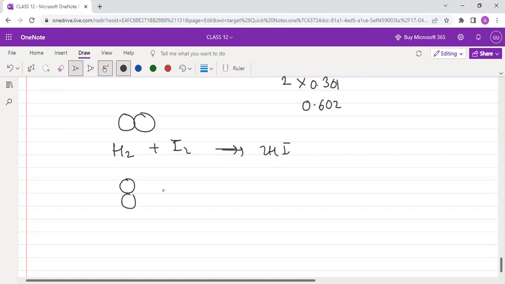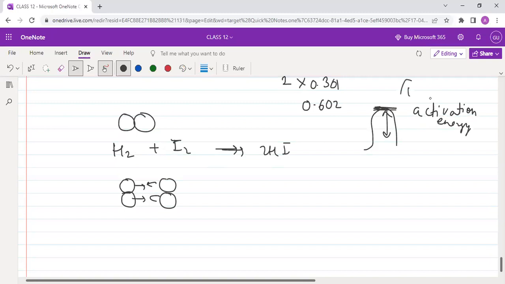H2, 2 atoms are there, I2, 2 atoms are there. Then they have to collide like this in a proper orientation. And they should have sufficient energy to cross this barrier. And this extra energy required was called activation energy, right? So first condition is that they should have the activation energy.